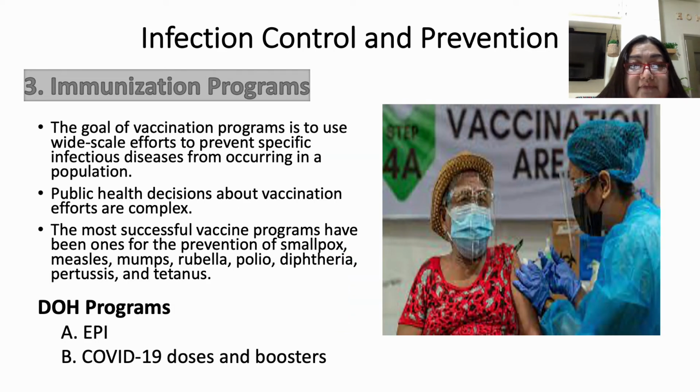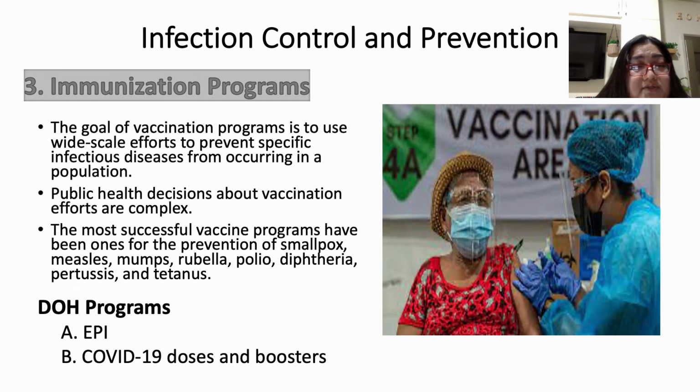Third is the immunization program. The goal of vaccination programs is to use wide-scale efforts to prevent specific infectious diseases from occurring in a population. Vaccines have been proven to be effective.